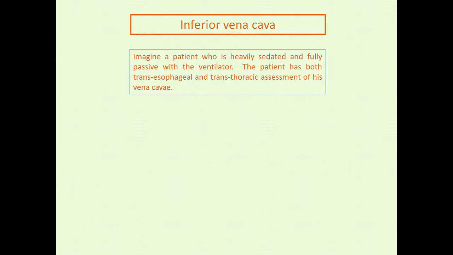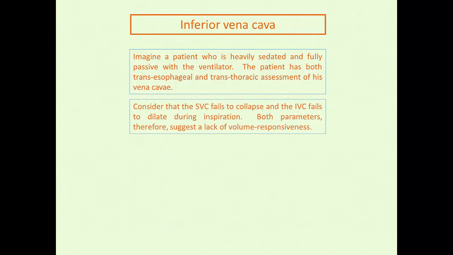The patient has both a transesophageal and transthoracic assessment of his vena cava. Consider that the SVC fails to collapse and the IVC fails to dilate during inspiration. Both parameters therefore suggest a lack of volume responsiveness. So let's, for argument's sake, say this patient is not volume responsive based on this data.